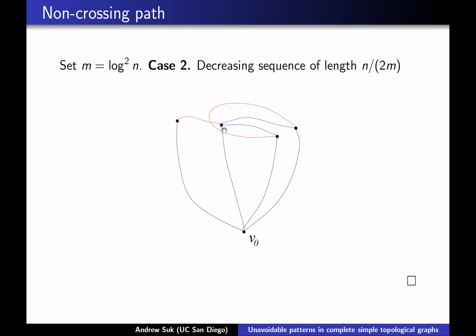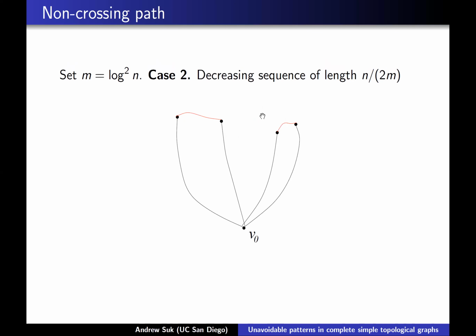And here is where we get our contradiction, because as you look at these edges emanating out of this vertex in this counterclockwise direction, it's supposed to be decreasing by the algorithm. But here, this edge goes to this vertex, but this edge goes to a farther vertex, which means that it's increasing, which would be a contradiction.